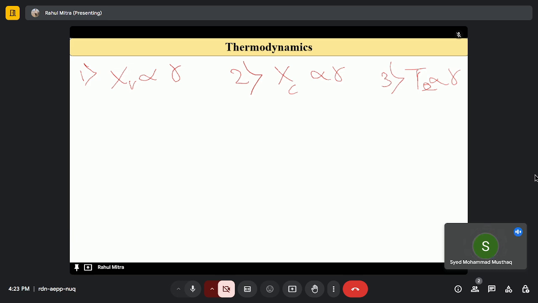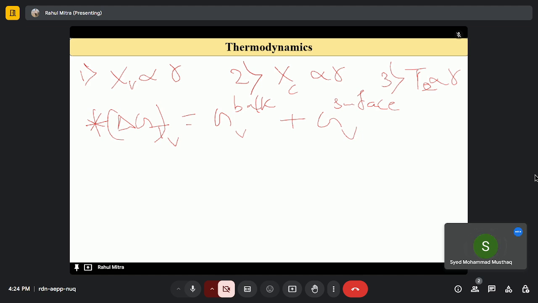So let's start with the mole fraction of vacancies. I will write it like this. Suppose I write delta G total for the system for the formation of vacancies, which will equal G bulk for the formation of vacancies plus G surface for the formation of vacancies.